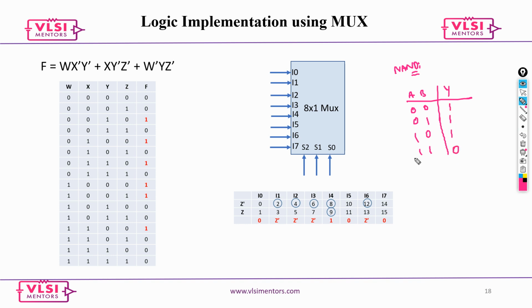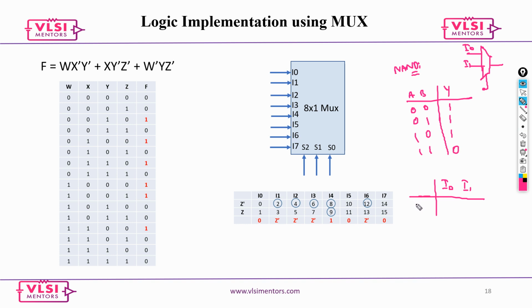Now if you have to write it, look at this mux, which is going to be I0, I1, and leave this as it is. Now take your LSB as the select.